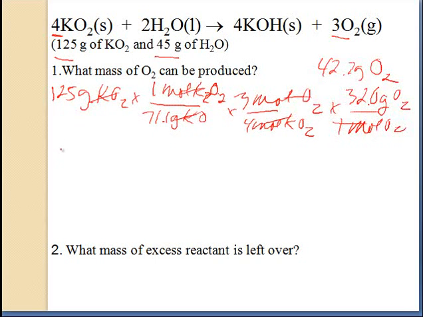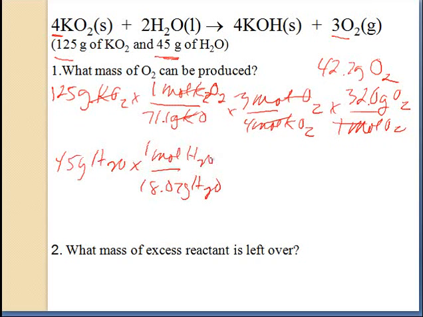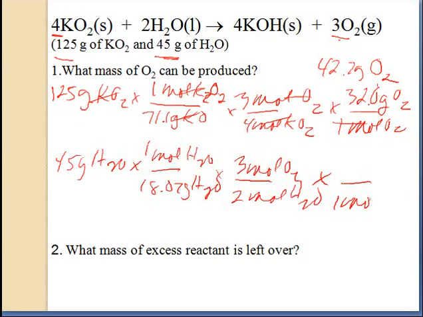I'm going to do the same thing here using my 45 grams of water. If I have 45 grams of water, what I know is 18.02 grams of water is 1 mole of water, and that 2 moles of water produce 3 moles of oxygen. And again, 1 mole of oxygen is 32.0 grams of oxygen.